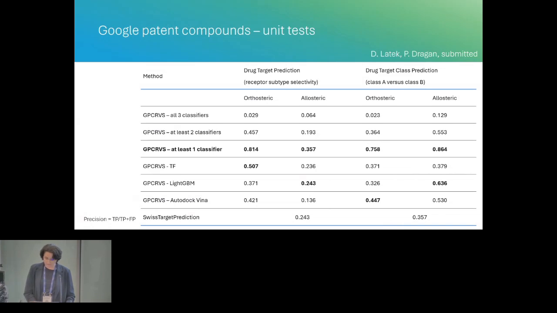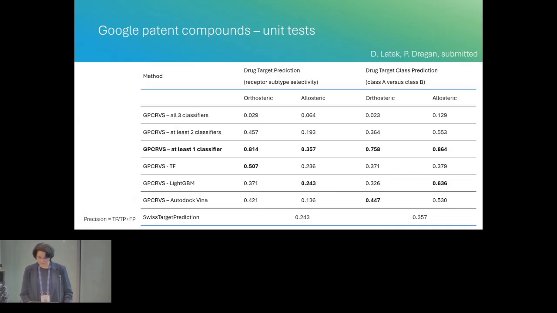As you see, a satisfying level of prediction quality, outperforming Swiss Target Prediction, was obtained with 2 out of 3 components of GPCRVS. In most cases, it was LightGBM together with the TensorFlow component.